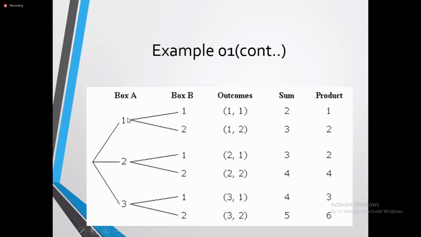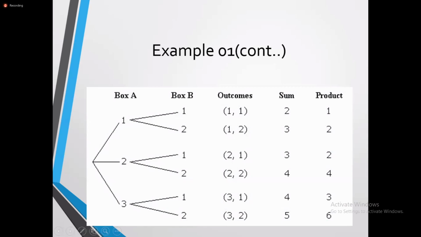Okay, then only it will be completed. Otherwise, it's an incomplete tree diagram, right? So when you draw a tree diagram, please put all the associated probabilities on these branches.